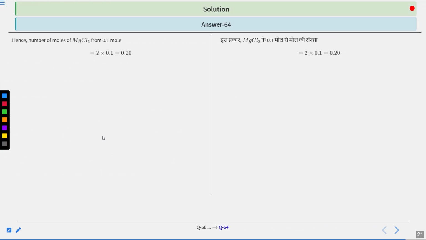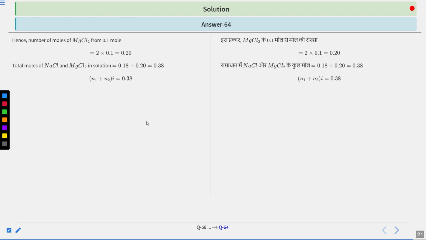So what will be the number of moles of MgCl2? It will be 2 into 0.1, which is 0.2. So what is the total number of moles? It is 0.18 and 0.20, which is 0.38. Next thing is that (n1 plus n2) multiplied by i is 0.38.